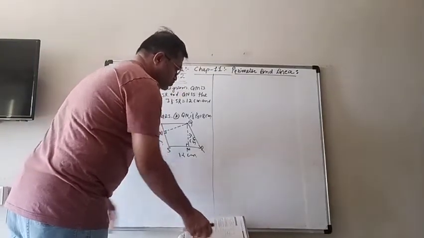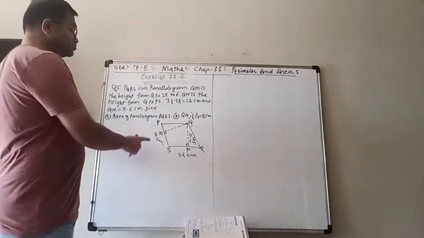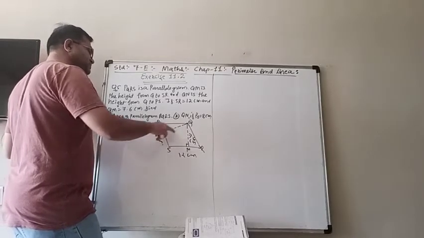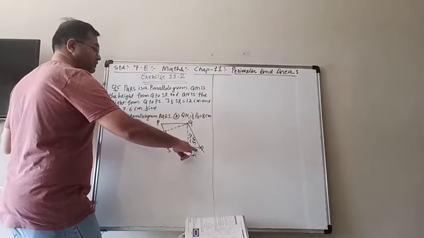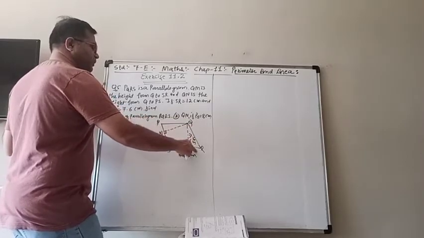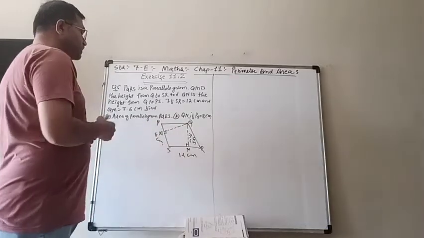For area, we have to choose one base and one height. So now you can't choose this base and this height. You have to choose either this base and the height on the same thing, or this base and that height. So here you can see that this two pair is given. This pair is not, only one is given. So we can't use that.